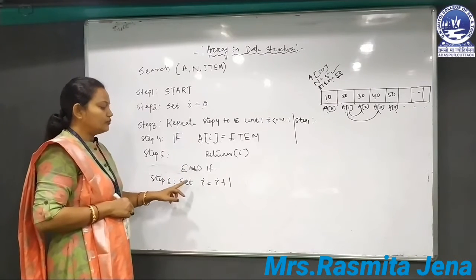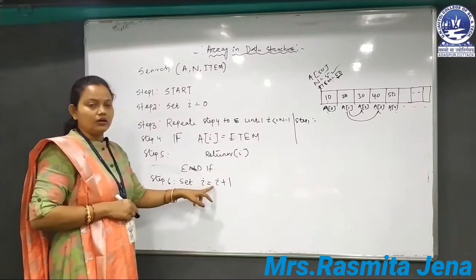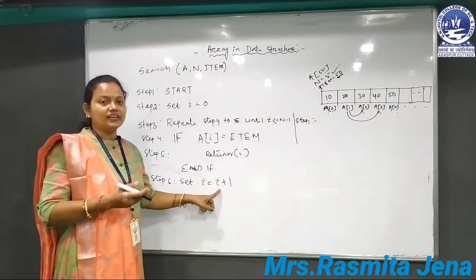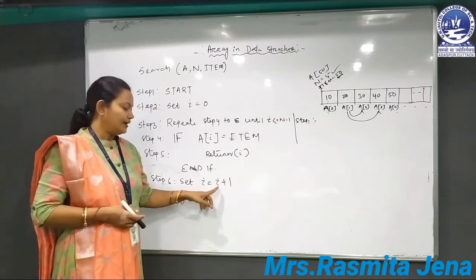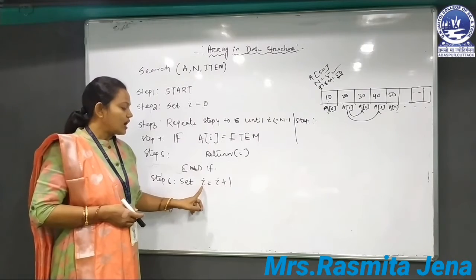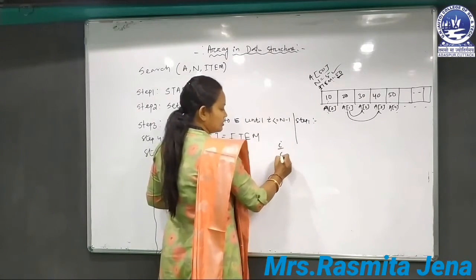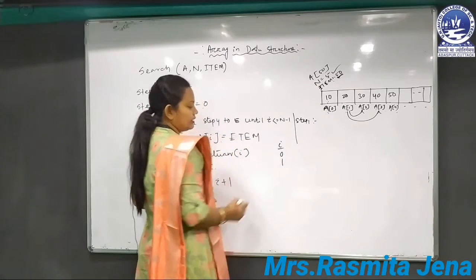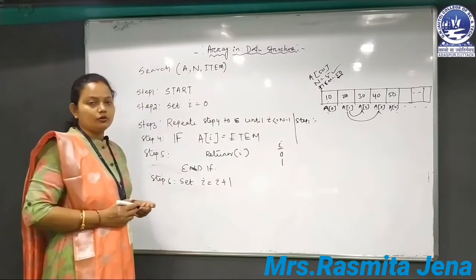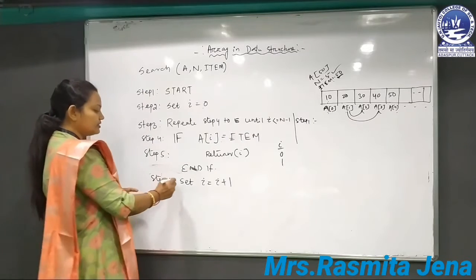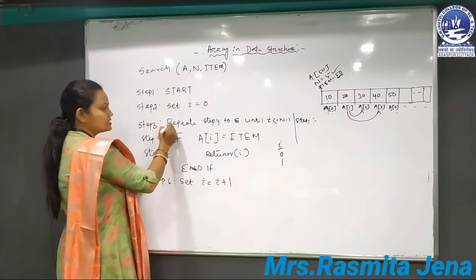After that, we will increment the counter variable to compare the next array index with the item. So I can write I equals I plus 1. Initially I equals 0, and when I increment I by 1, it becomes 1. Then from this we again go to step 3.